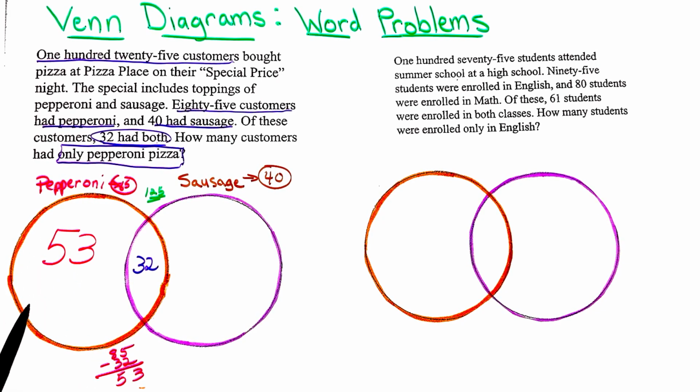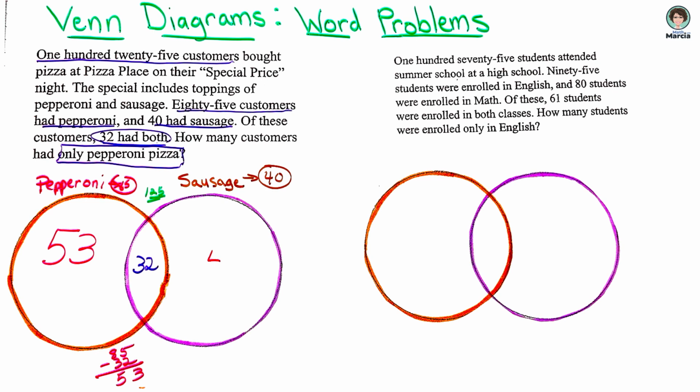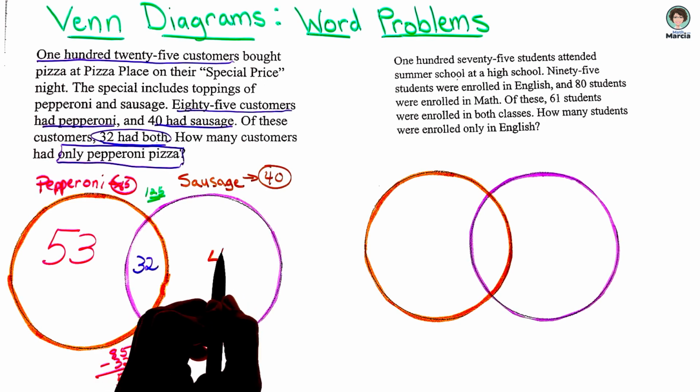only pepperoni. Now, they didn't ask for the other one, it's with the sausage, but they did say sausage was 40. So I am going to put my 40 there.